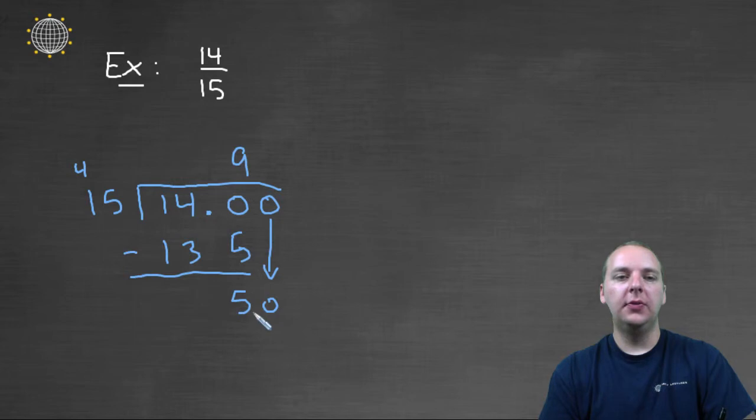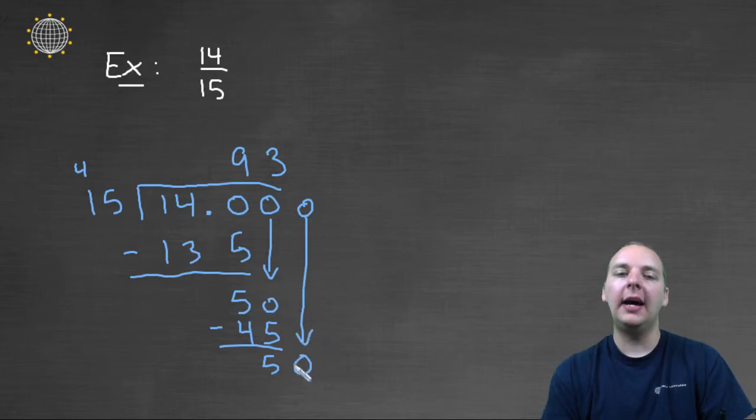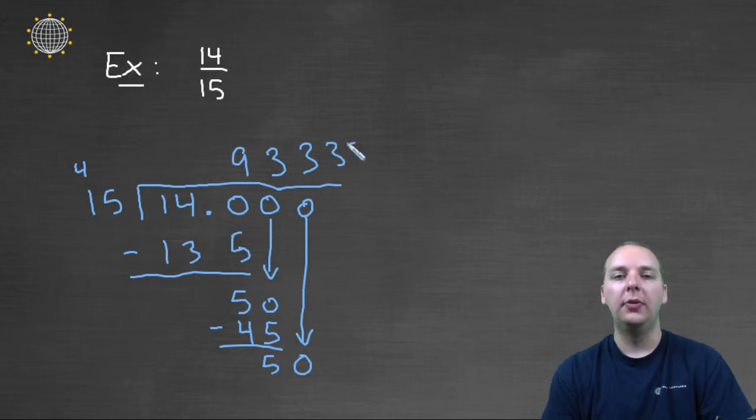15 goes into 50 a total of 3 times without going over. That would give us 45. We'll subtract, we'll get a 5, bring down another 0, and I already noticed a pattern here. I just got 50 last time, which means it's going to be another 3, and that's going to leave me with another remainder of 5, and I think I'm stuck in a holding pattern here, 3.333 or 0.933333 repeating.